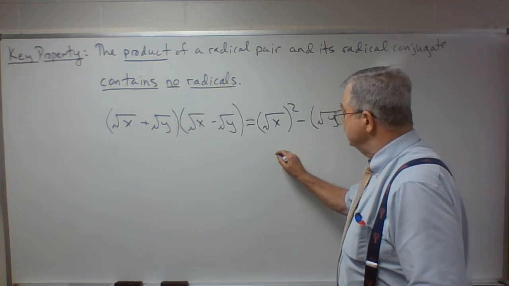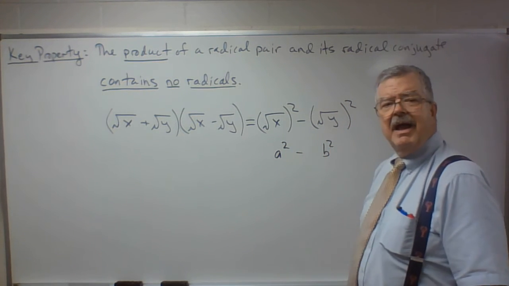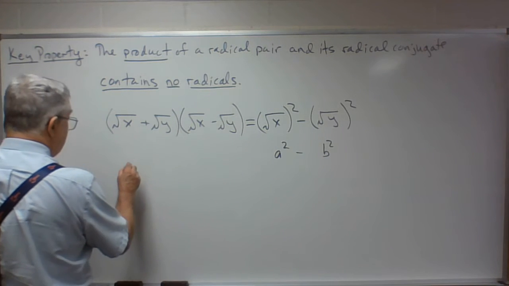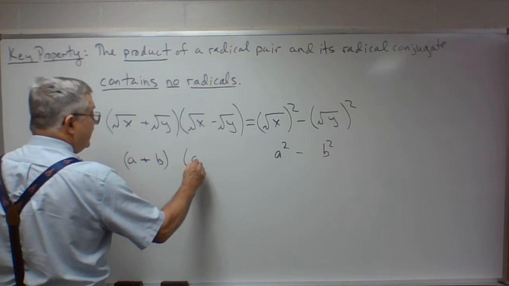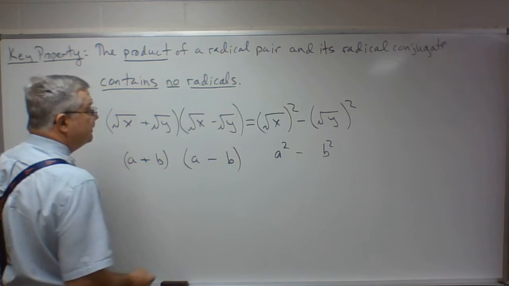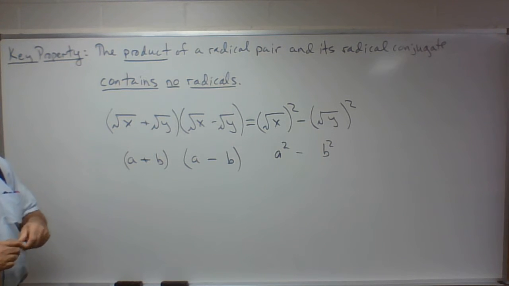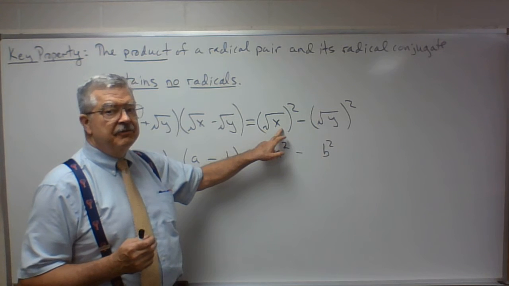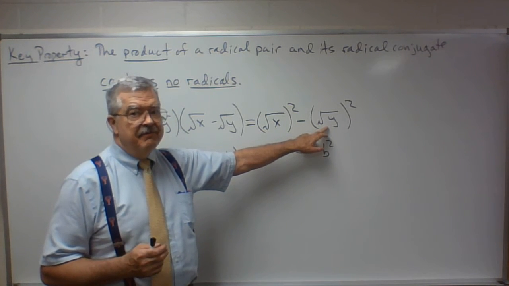Well, suppose this were just a squared minus b squared. How would that factor? Wouldn't it be a plus b times a minus b? That's exactly what it would be, wouldn't it? And that's exactly how square root of x squared minus square root of y squared factors.